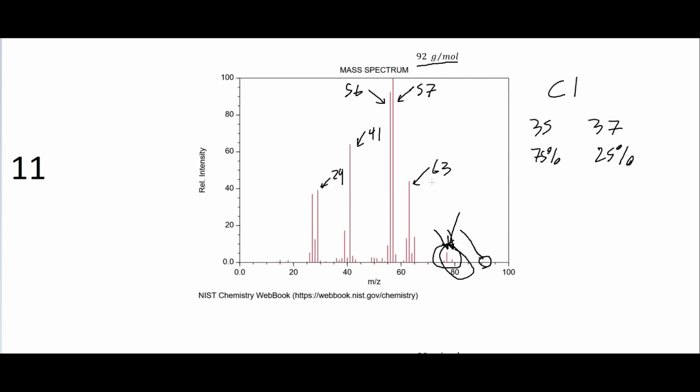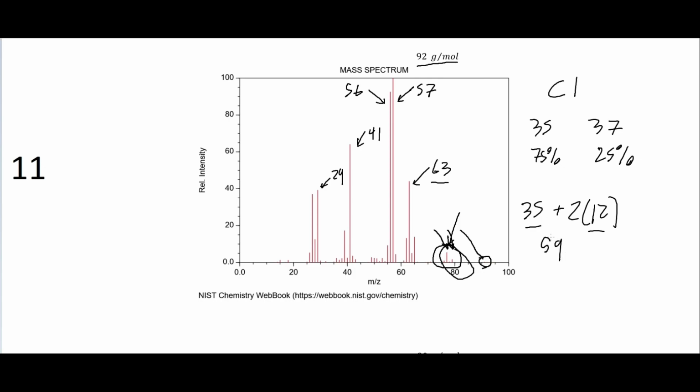This 63 peak, we can just sort of do some trial and error math. So we know that the Cl is going to be around 35, so we'll just do 35. Then we want to do plus, and we can try maybe 2 carbons, so 2 times 12 right there. And so 35 plus 24 will give us 59.